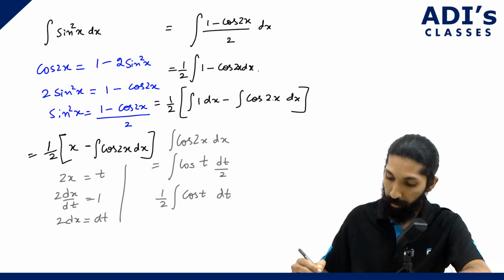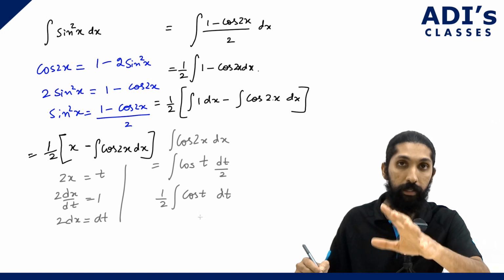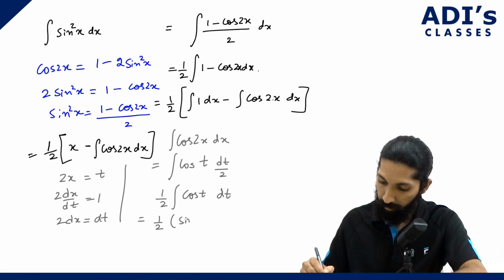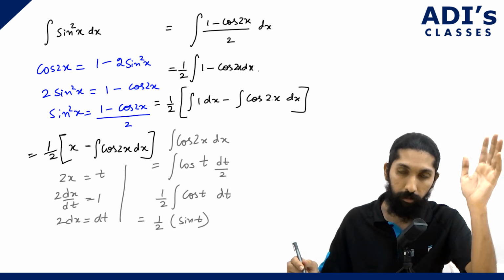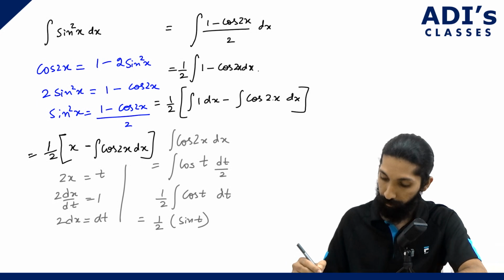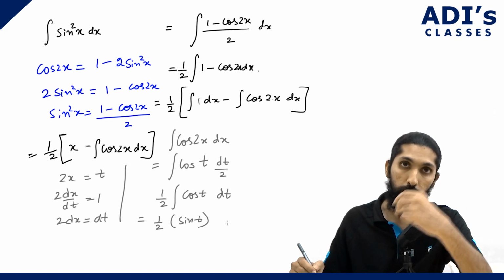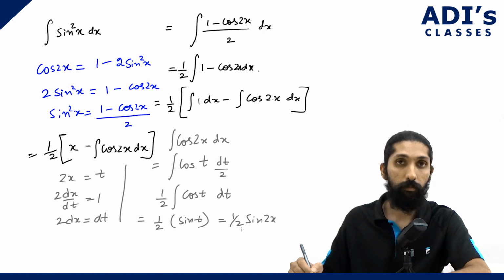So you are going to get half integral of cos t dt, which is basically half into sine t, correct? Plus c and all, guys, we'll do it at the end, no worries. Half into sine t. Now what is t? 2x. So this is going to become half sine 2x, right?